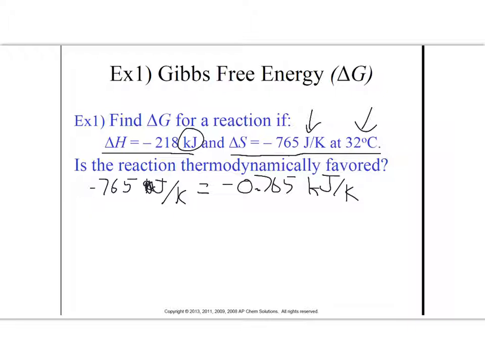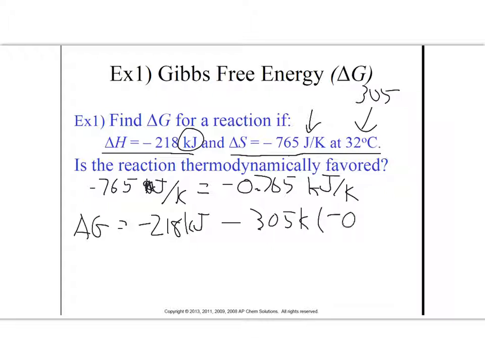Okay, so let's plug things into our equation here, right? Delta G is equal to negative 218 kilojoules in heat transfer, take away this guy here, 305 kelvins, times our negative 0.765 kilojoules per Kelvin.